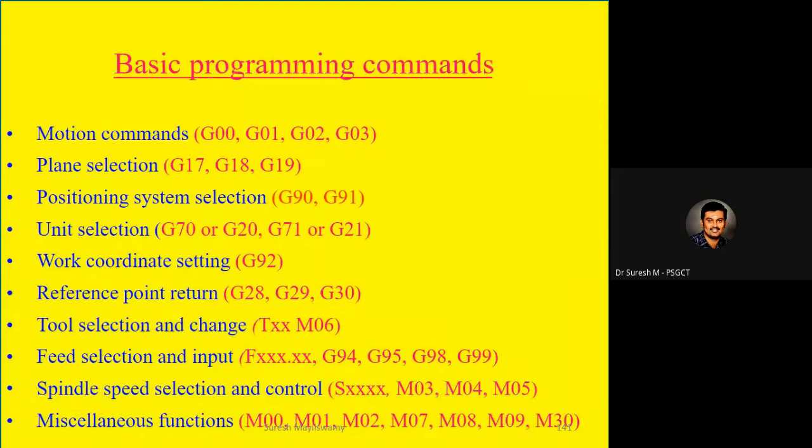Normally G codes are called geometric codes and M codes are called miscellaneous codes. Mainly G codes concentrate on the geometry of the product and M codes concentrate on the machine commands.